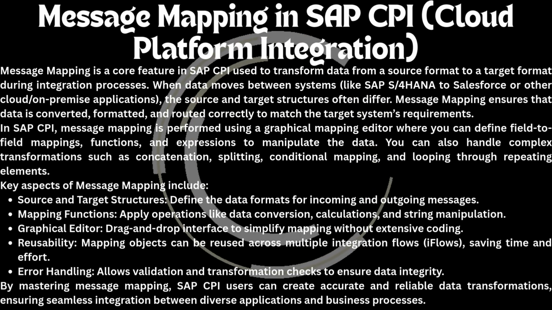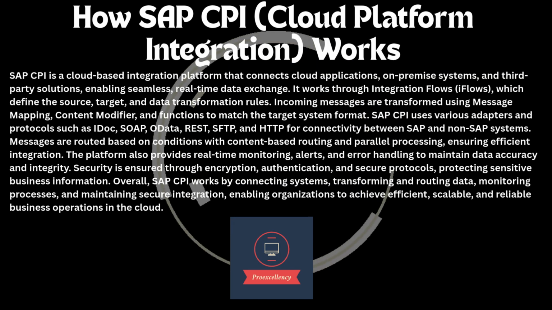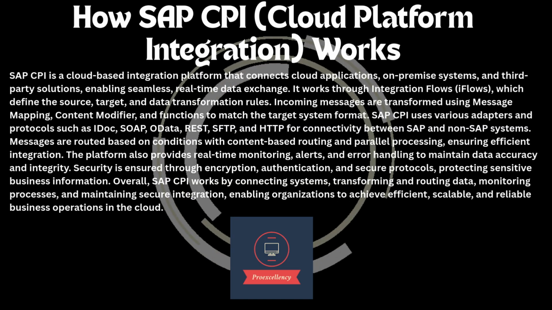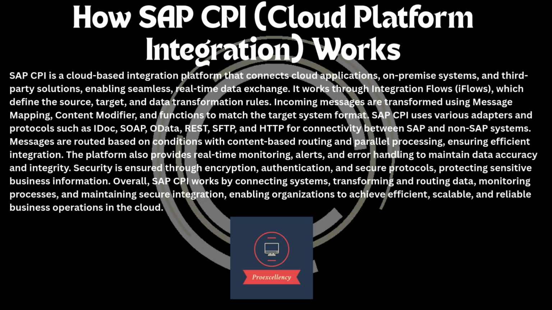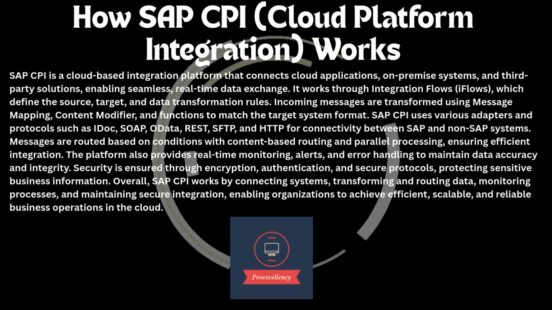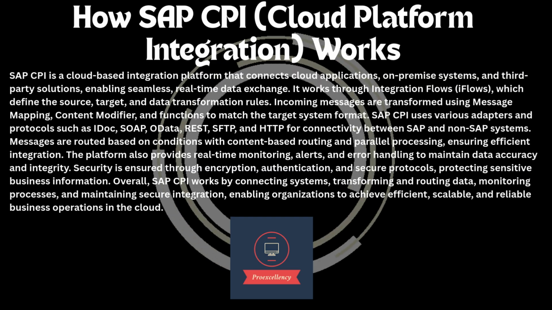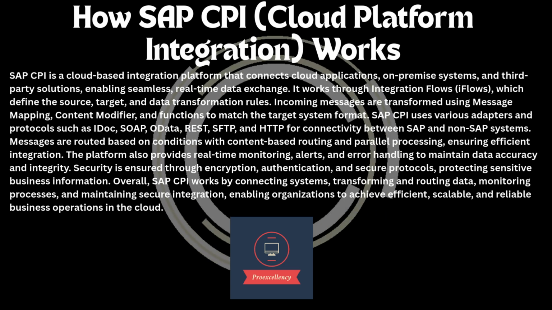and business processes. How SAP CPI Cloud Platform Integration works. SAP CPI is a cloud-based integration platform that connects cloud applications, on-premise systems, and third-party solutions, enabling seamless, real-time data exchange. It works through integration flows, which define the source, target, and data transformation rules.